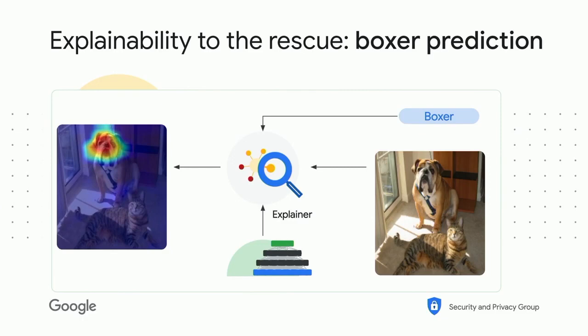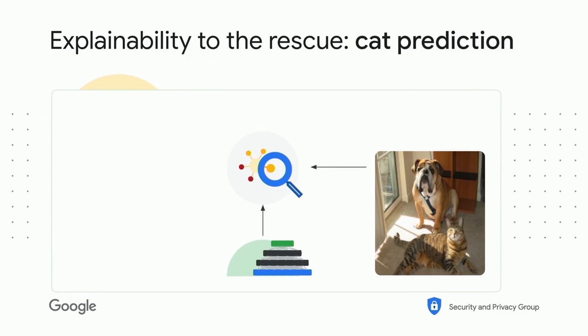If you are trying to predict the boxer from this image using that model, and that's a true example from a ResNet model, you get this nice heat map, which we call a leakage map later on for traces, that highlights that it mostly focuses its attention on the face of the boxer. So we have some confidence, at least, that the model is looking at the right part of the image to make its decision.